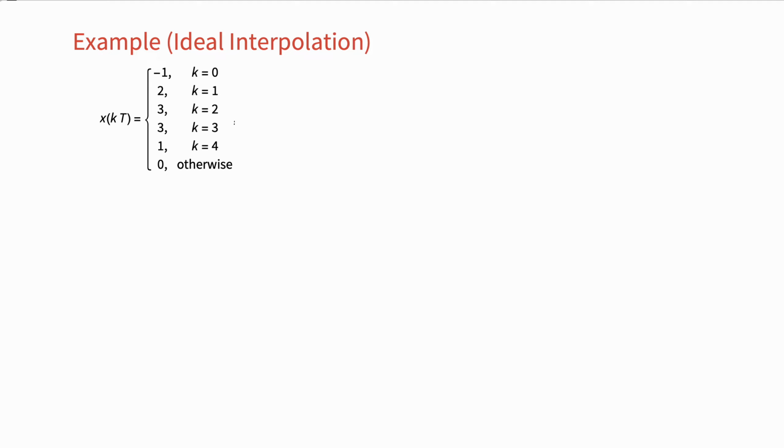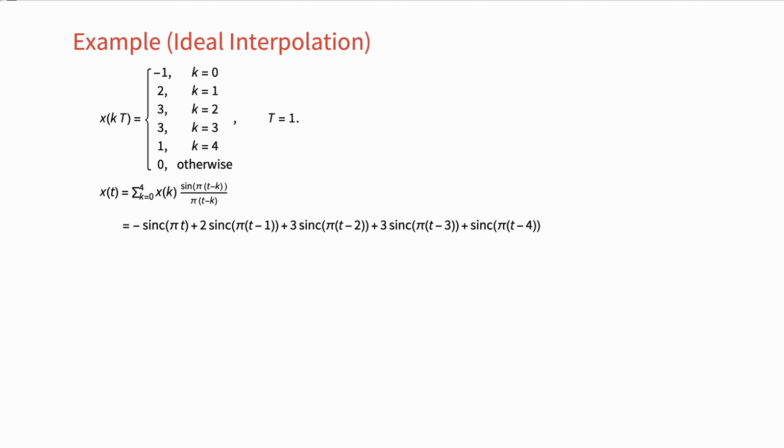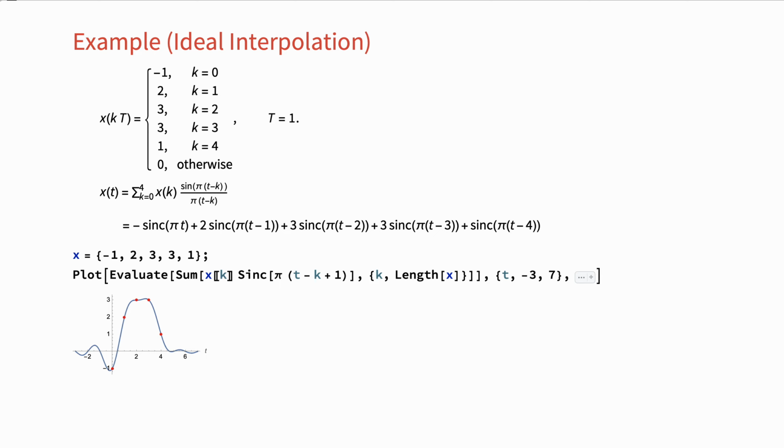Given the sample data values shown here, let's find the original continuous time signal x of t. The sampling period is 1. For ideal interpolation, as we just discussed, we reconstruct the signal x of t by convolving the sample values with the sinc function as shown here. For the given sample values, here is a plot of the sample sequence together with the original signal that is reconstructed.